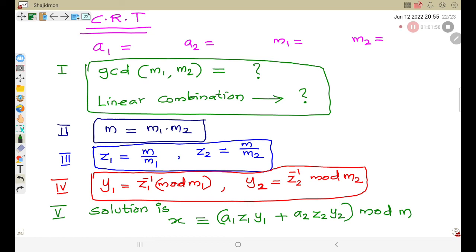This is the Chinese remainder theorem for a system of two congruence equations. I hope you understood how we did it. Now you can check the two examples we showed in the beginning, check the steps, and verify using a calculator. The shortcut method is only used for checking the answer, but for the Chinese remainder theorem procedure you need to do these 5 steps.